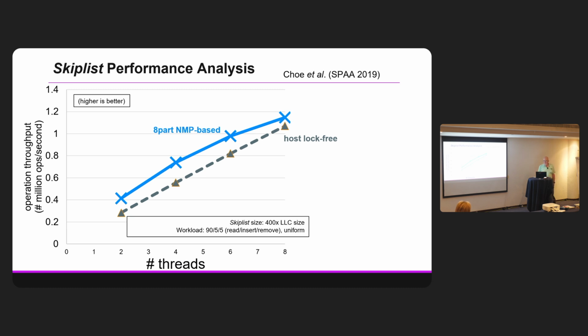So what's the benchmark here, Maurice? The benchmark is you do random operations: 90% reads, 5% inserts, and 5% removes. But you have placed the data in different memories. So does this mean that each near memory has more or less the same amount of data?